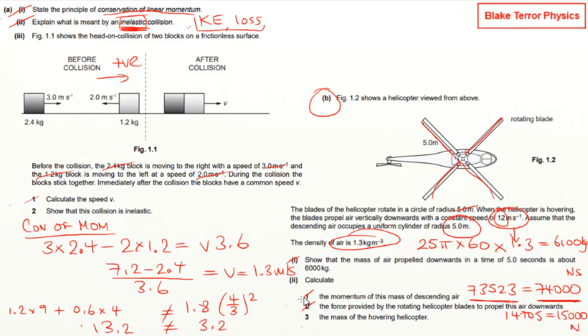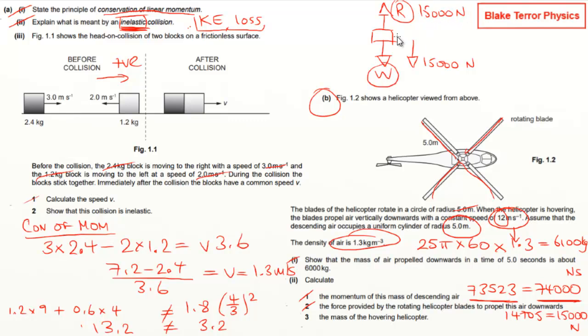And then what is the mass of the hovering helicopter? In this case we've got the helicopter, which has the weight going down and the force going upwards, which is our Newton's third law pair with the air that's being pushed down. So it's pushing the air down with 15,000 newtons. The R here is the equal and opposite, according to Newton's third law, pair to this 15,000 newtons, so that will also be 15,000 newtons.